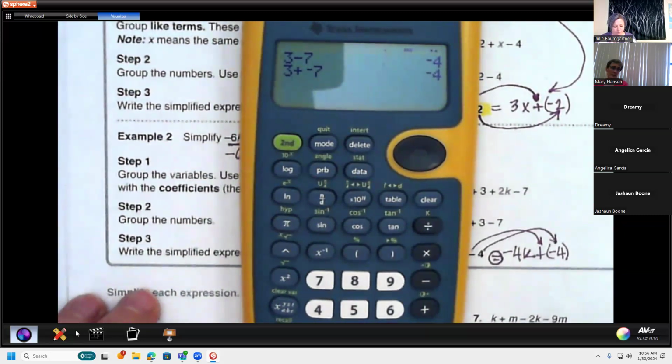Okay. If you're a person who can look at 3 minus 7 and go, if I have 3 and I'm taking away 7, I'm going to end up negative 4 in the hole, that's totally fine.